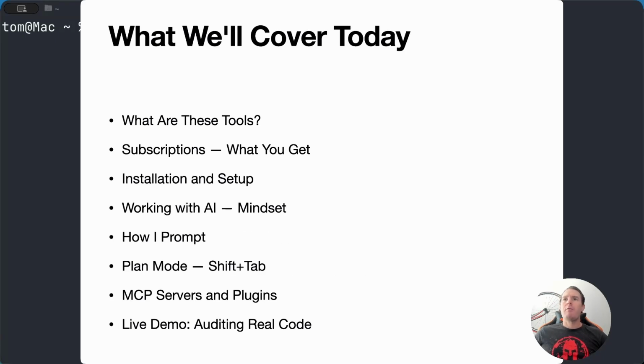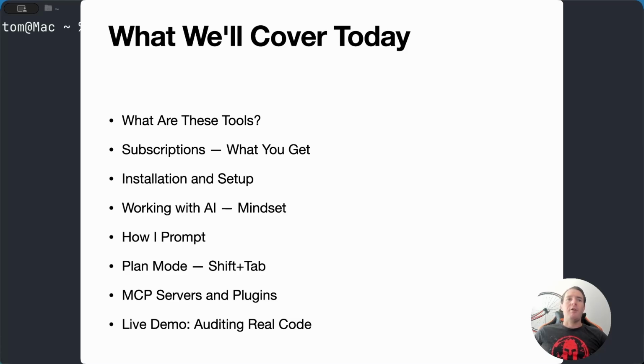Okay, so here's a quick roadmap of what we're going to be covering today. We'll start with what these AI coding tools actually are, talk about subscriptions and pricing so you know what to pay for, then immediately get you up to installation. After that, we will shift to how to actually work with these tools, the right mindset, how I prompt, and everyone prompts differently.